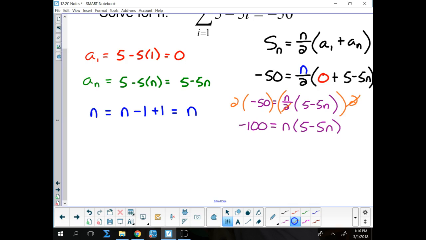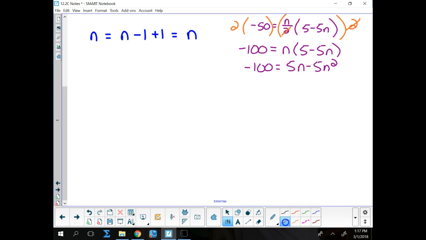Okay. Now what? Now I distribute. Now what? Make it equal to 0. Do I want everything on the left side or everything on the right side? Left side.